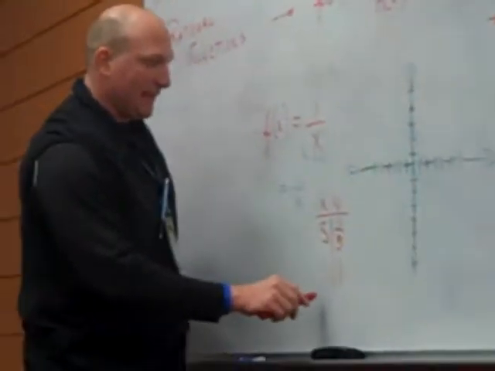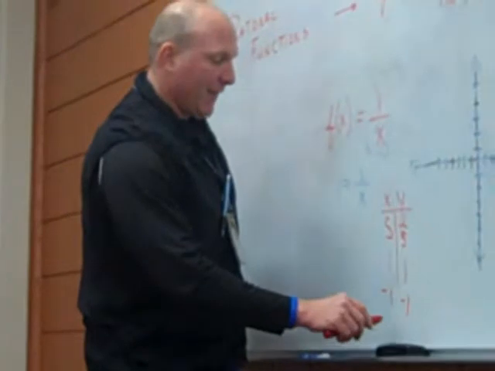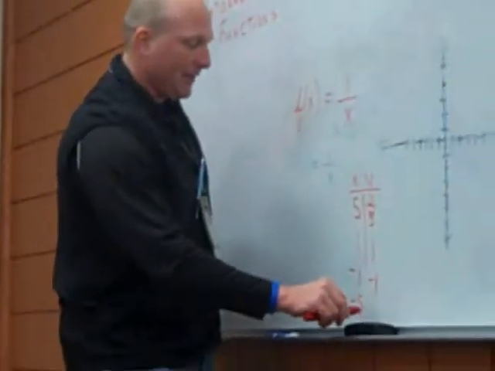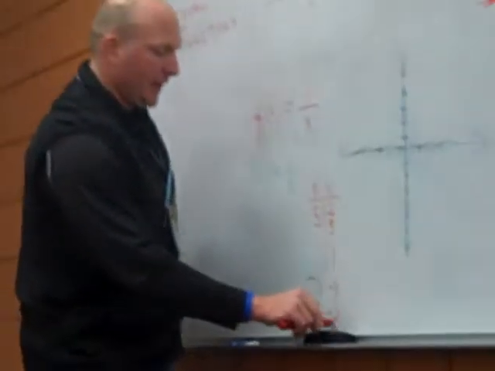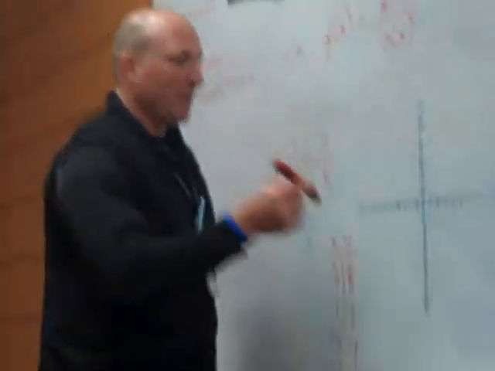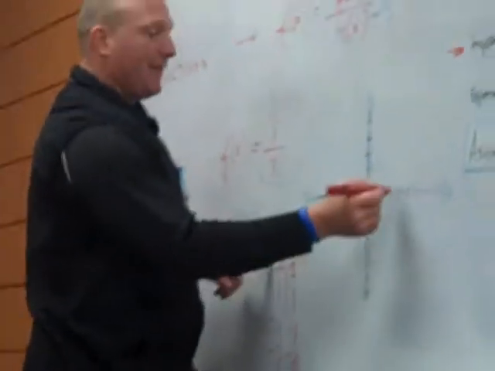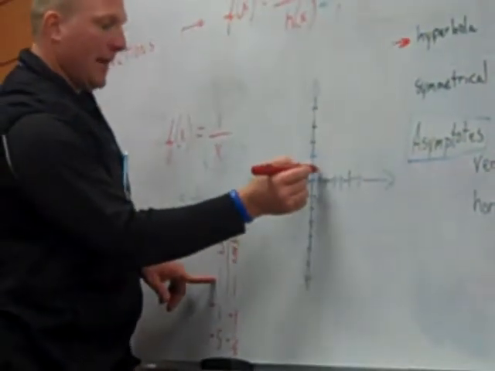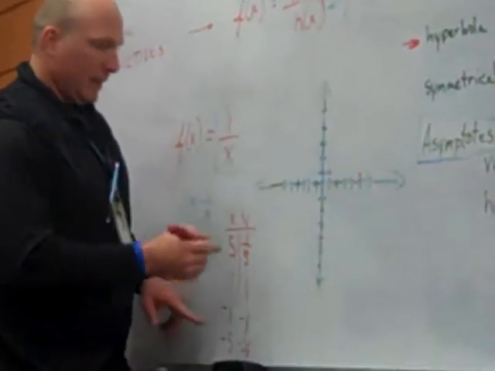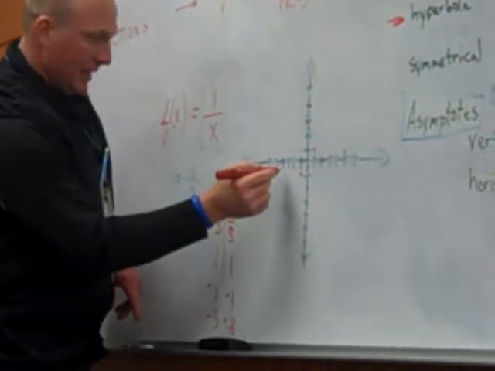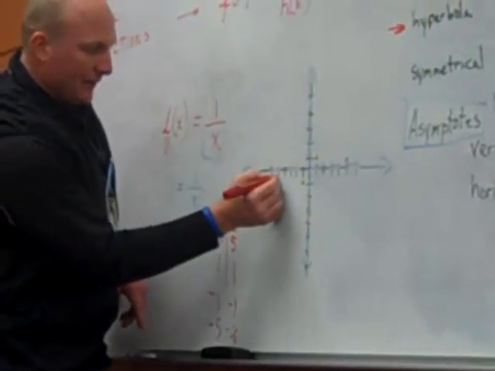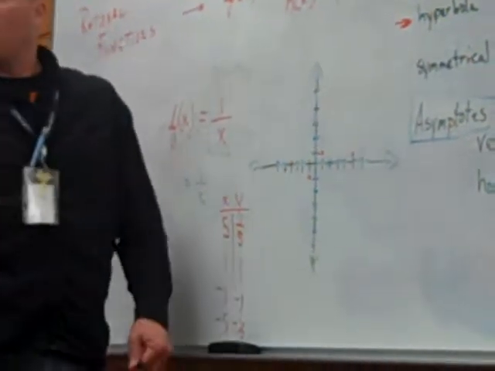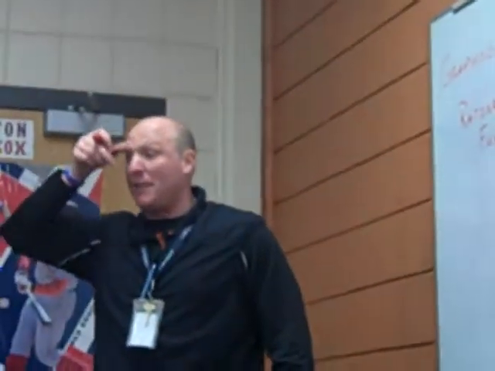If I say x is -1, what's y? -1. If I say x is -5, -1/5. So, 5 and 1/5 would be about there. 1 would be about there. -1, -5, 1/5. Approximate it. It does not have to be perfect.